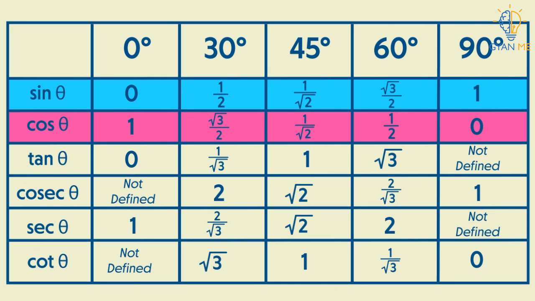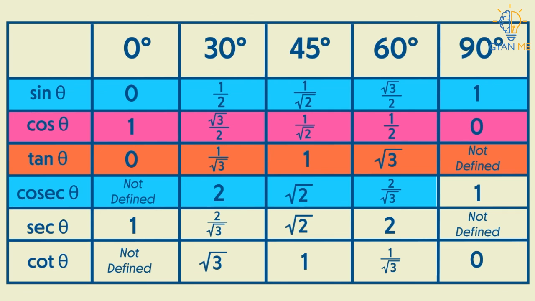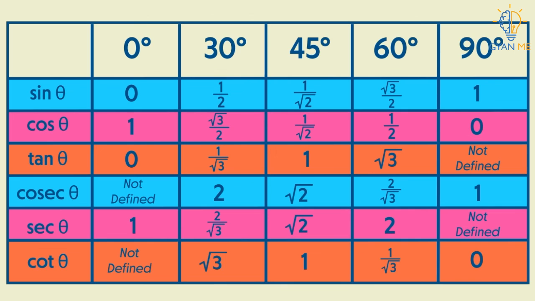And tan is simply the respective division of sine upon cos. And these three ratios are simply the reciprocal of their respective three ratios, that is cosec, the reverse or inverse of sin, sec, the reverse or inverse of cos, and cot is the reverse of tan values.